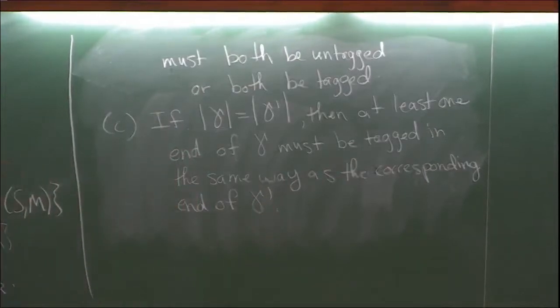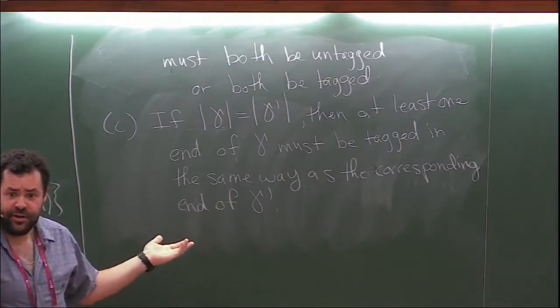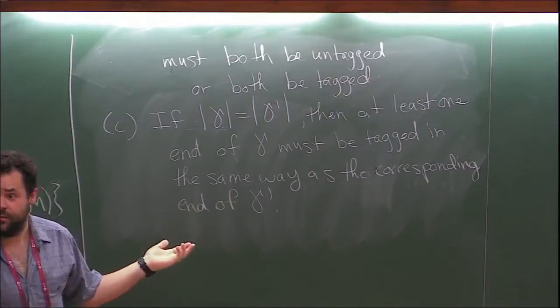So this is what it means to be compatible. And the definition of tagged triangulation is exactly a maximal collection of pairwise compatible tagged arcs, just like before.